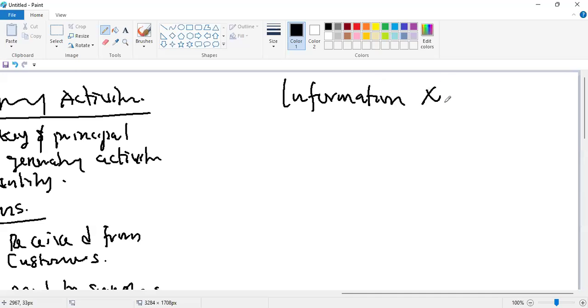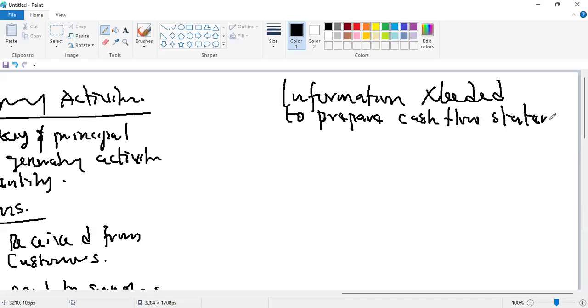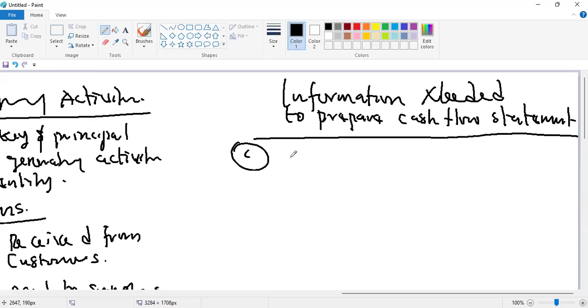Information needed to prepare cash flow statements. One, you must provide me the current year P or L. If you want me to prepare the cash flow of 2024, you must give me the statement of profit or loss of 2024.